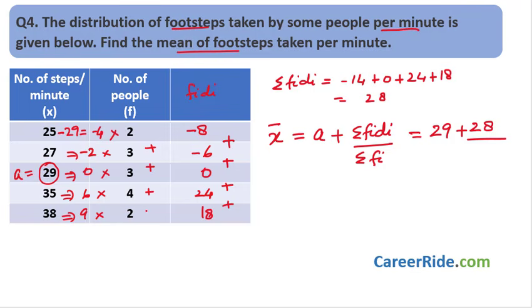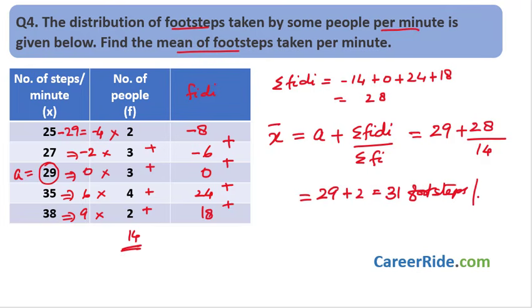The people are given to me in the table, so I add them up: 6 plus 4 is 10 plus 14. So I have total 14 people here. 28 divided by 14 is 2. So 29 plus 2 is equal to 31.